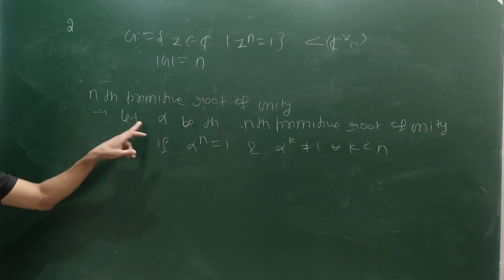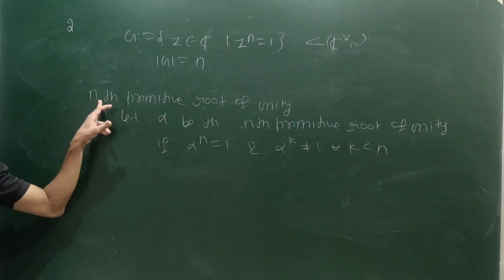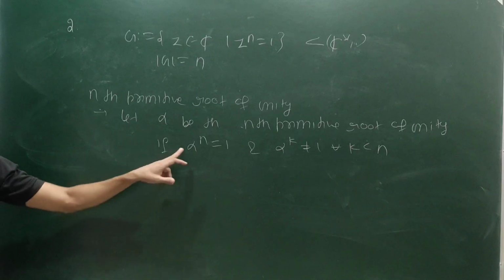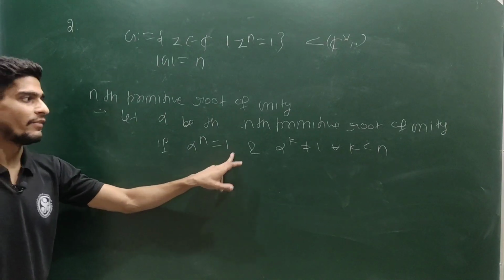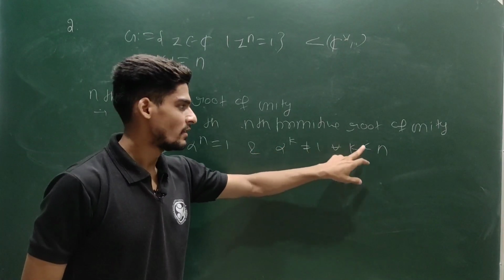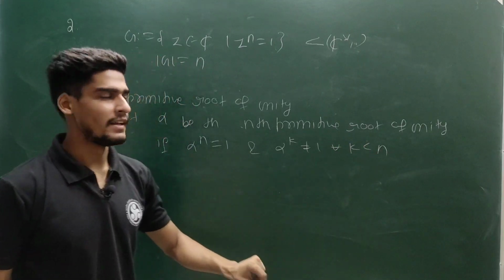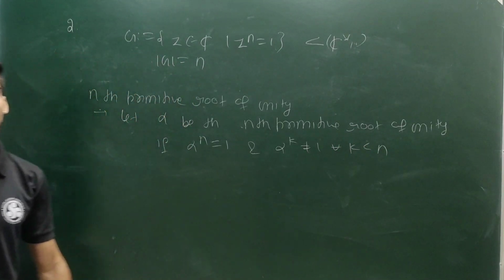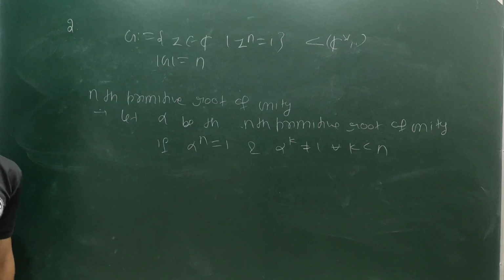That is, this n should be the smallest number satisfying this property alpha power n is equal to 1, and if you are taking any natural number less than n, then you are not getting this equality. So this is the definition of nth primitive root of unity.